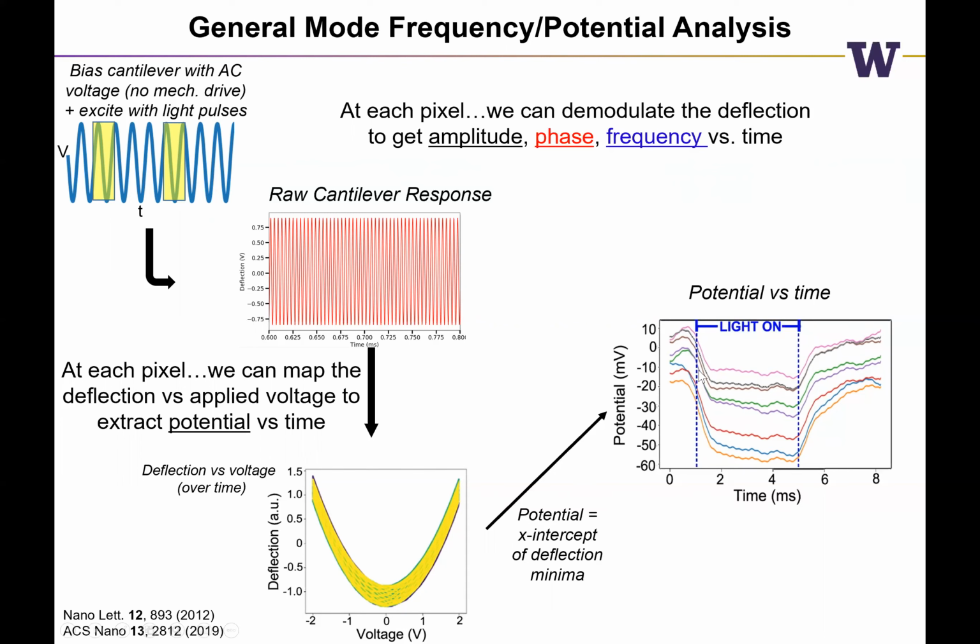So this is an example of several of these contact potential versus time traces that you can measure using this technique. In this case, the contact potential is relatively flat, and then when we turn on the light, there's a sharp negative drop due to the surface photovoltage in these materials, and when we turn off the light, it relaxes back.